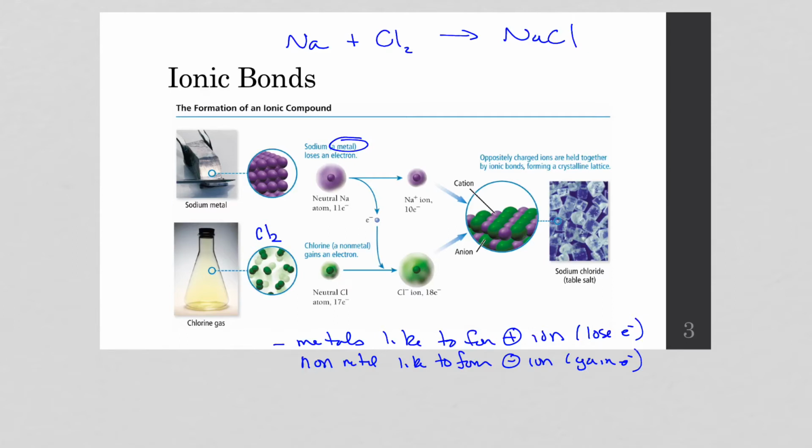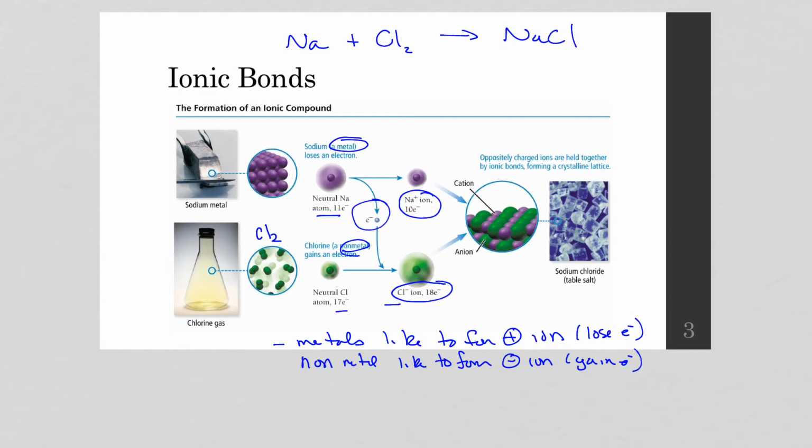So that's why we talk about the transfer of the electron from our metal sodium to our non-metal chlorine, which gives a sodium positive ion, which now has one less electron, and a chloride negative ion, which has one more electron than the neutral atom.